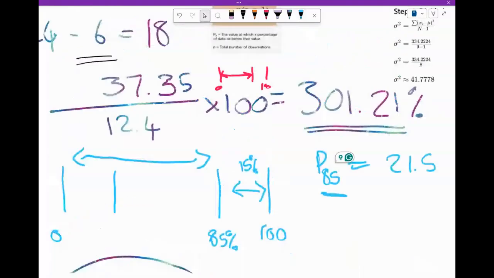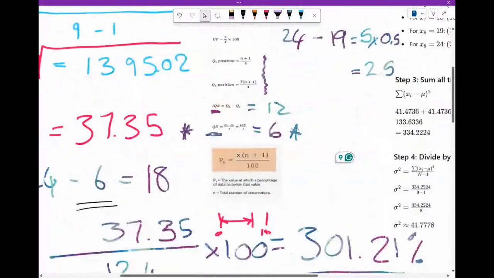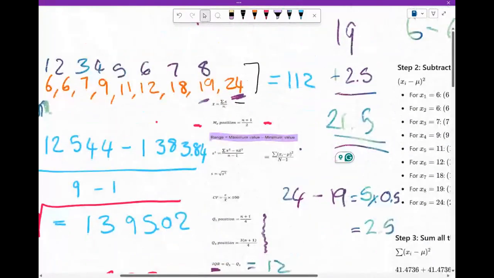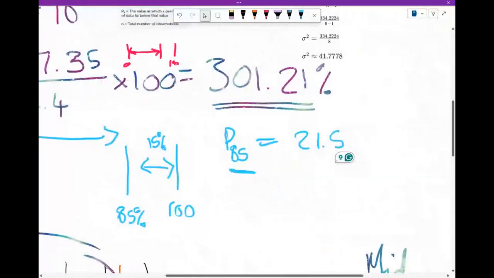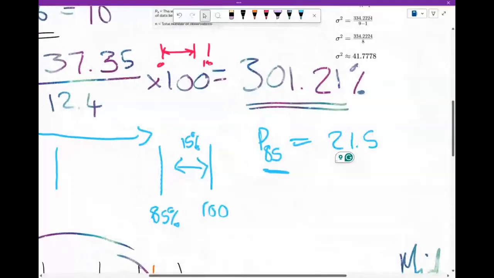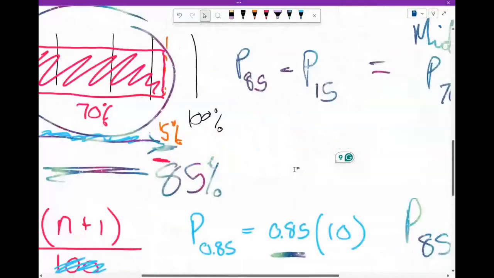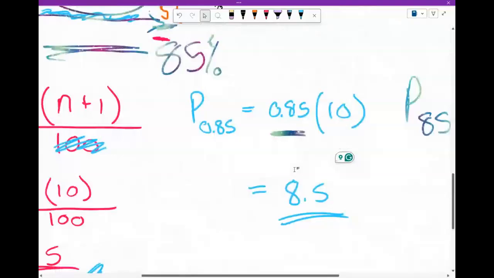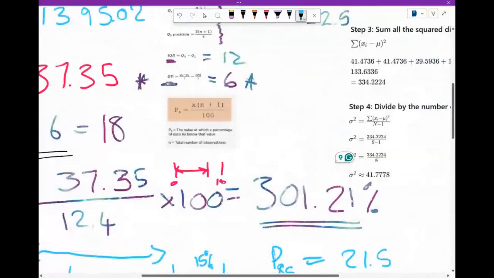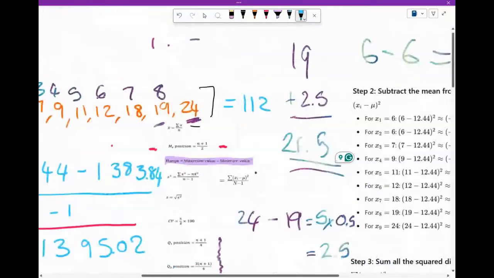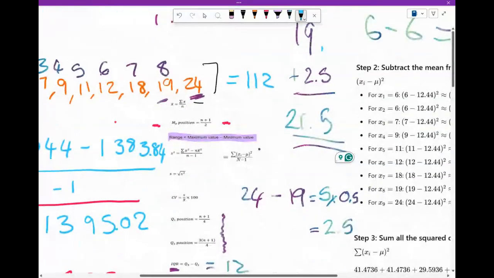Because remember, we got the position already. When we did this calculation, let me actually go to the calculation. Can you see this was the positioning? 8.5 was the positioning. So we went back to our data and we said 8.5, what does it give us? 19, we've got the 19.